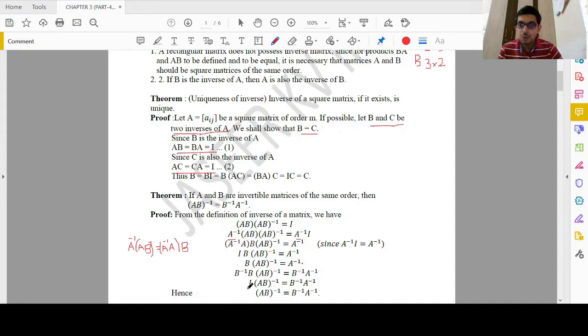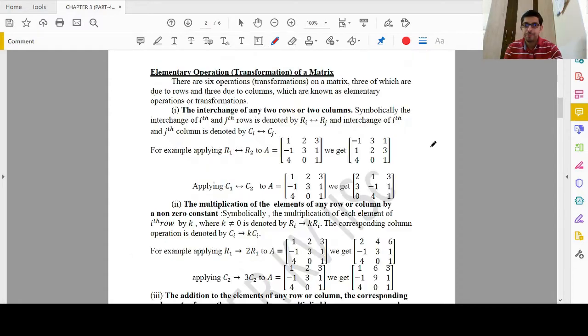Again B inverse into B is equal to identity. So it will become I into (AB) inverse, and the RHS will become B inverse A inverse. I into (AB) inverse is nothing but (AB) inverse. So thus we got (AB) inverse equal to B inverse A inverse.